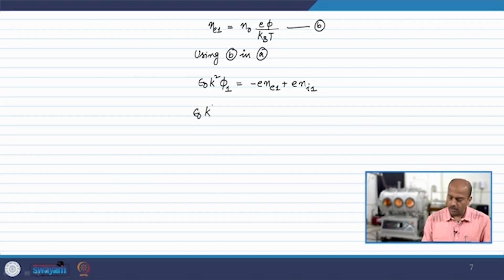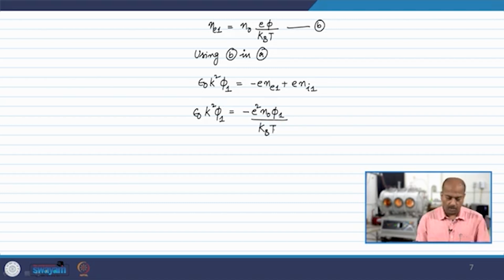Epsilon naught k square phi 1 is equal to minus e square n naught phi 1 by kBT plus e n i1. Just this, n naught, all of this, n naught e phi by kBT. So, e will multiply e square n naught phi 1 by kBTe, because it is electron. We are writing Te, electron temperature.